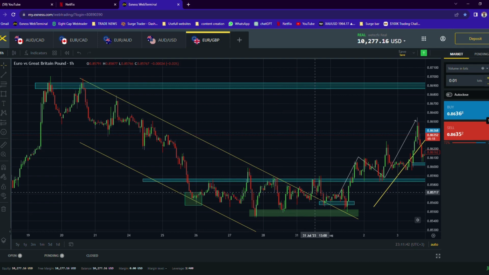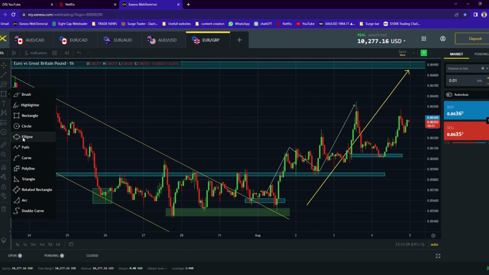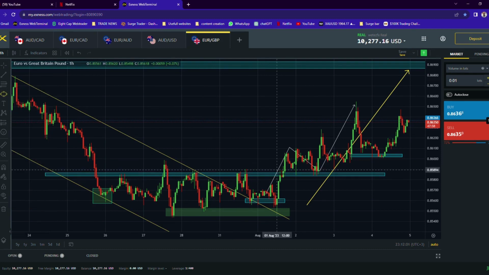As soon as it breaks outside of the trend lines, you wait for a break of resistance or a break of structure. So let's put indicators here. We are looking at this as the first resistance that was created outside of the trend, and this as the first support that was created outside of the trend.